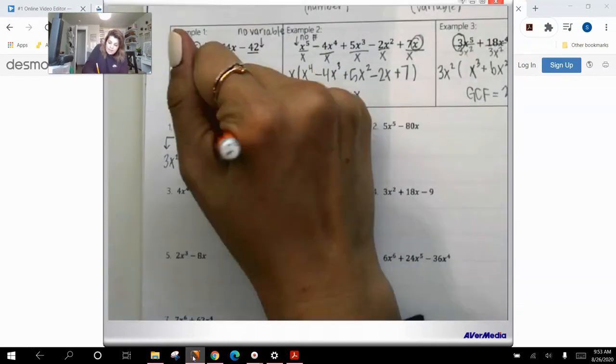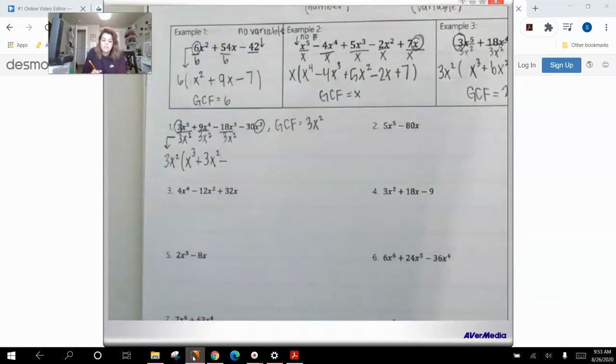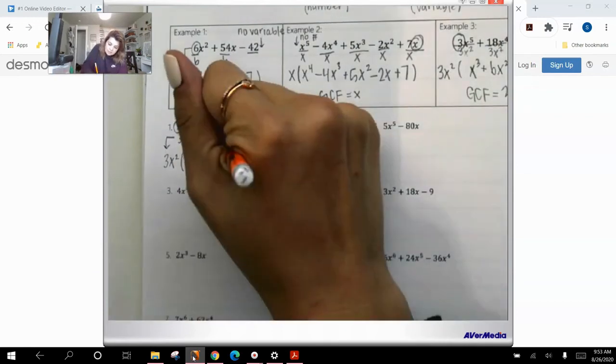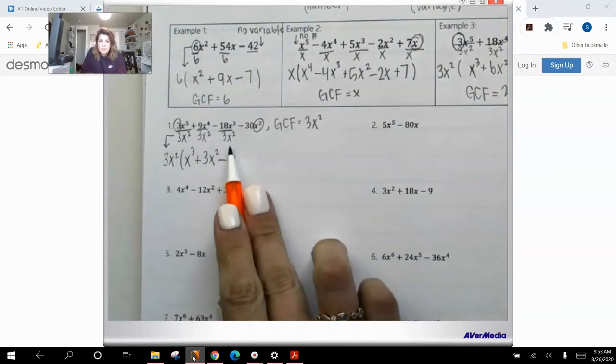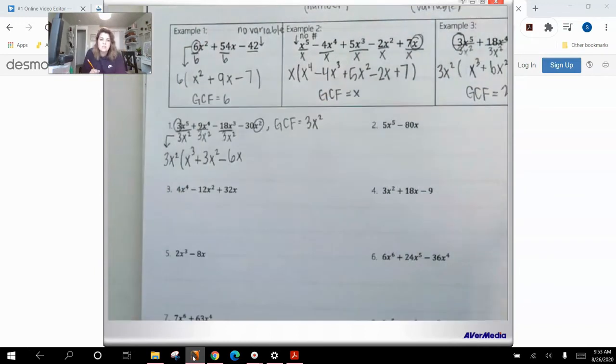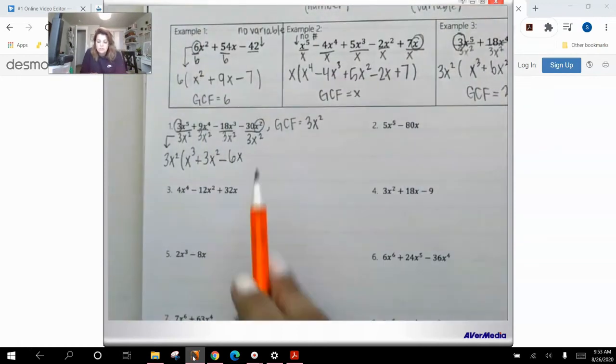I divide the next term by 3x squared, so I have a minus. 18 divided by 3 is 6. I have 3 x's, I take away 2 x's, that's going to give me x. I divide the last term by 3x squared.